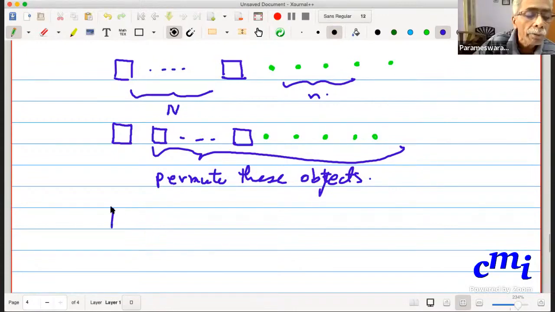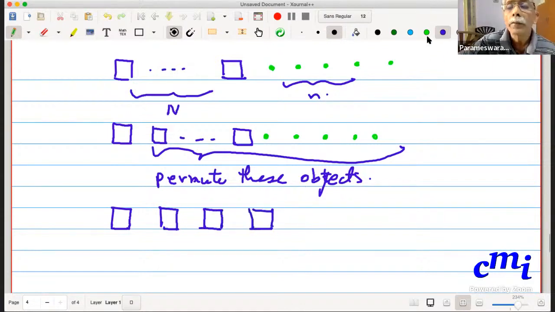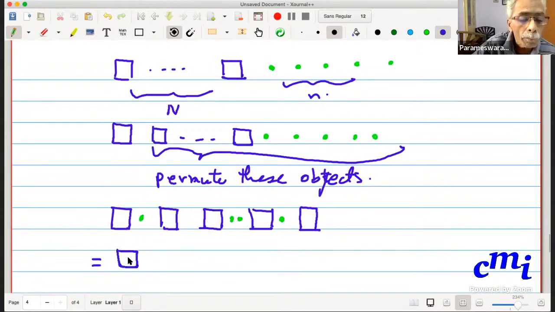So after you perform this, some pattern like this may happen: a particle goes into this box, so it is occupied; the next one is not occupied; this one is occupied by two particles; and then this one by one particle.